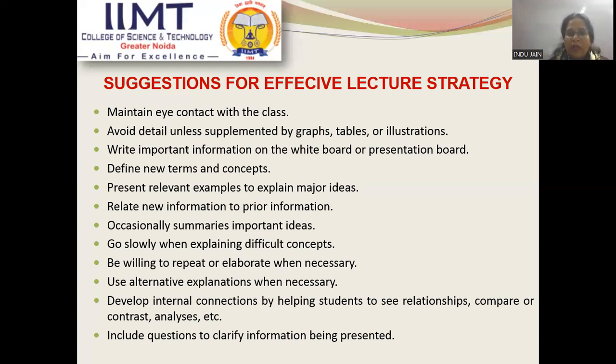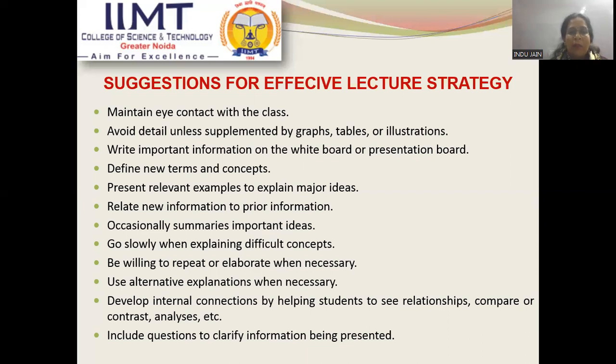It is again very important to write important information on the whiteboard or the presentation board so that the topic is clear to the student.